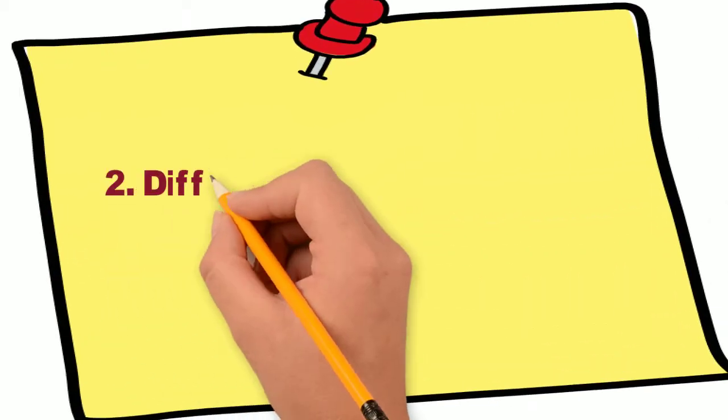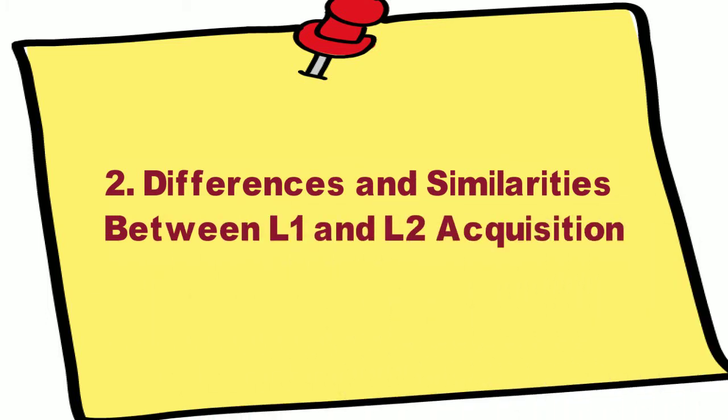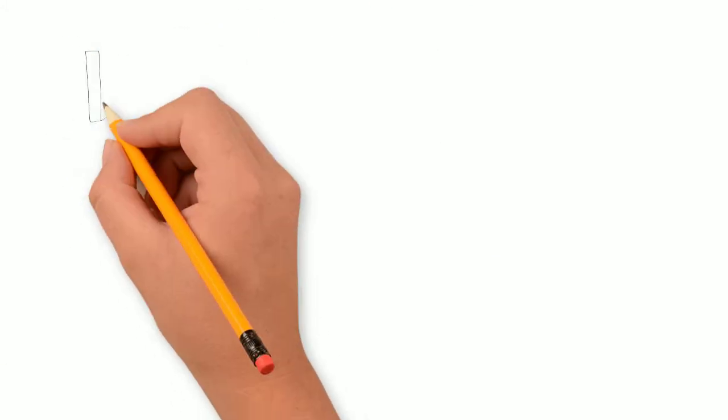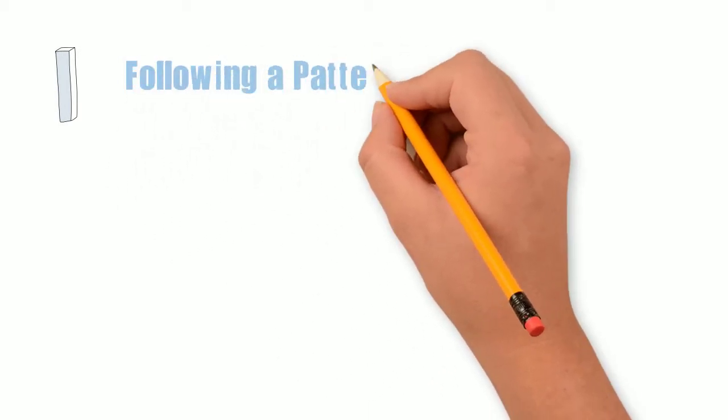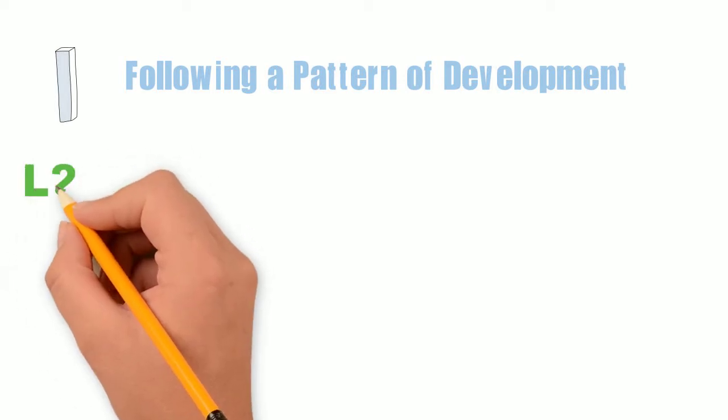Now, let's move on to the similarities and differences between L1 and L2 acquisition. I think the two share two similarities. Firstly, both first and second language learners follow a pattern of development.